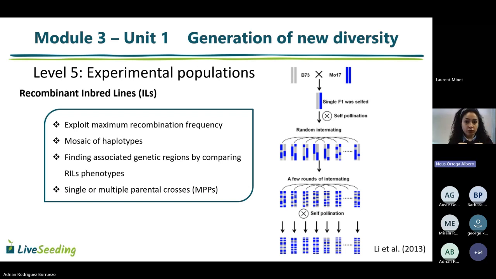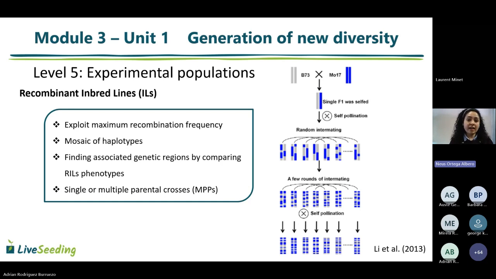The direct cross can be selfed directly to fixate the genome, or we can intercross some genetic descendants to increase the recombination, and then self for fixing the genome prior to the analysis.